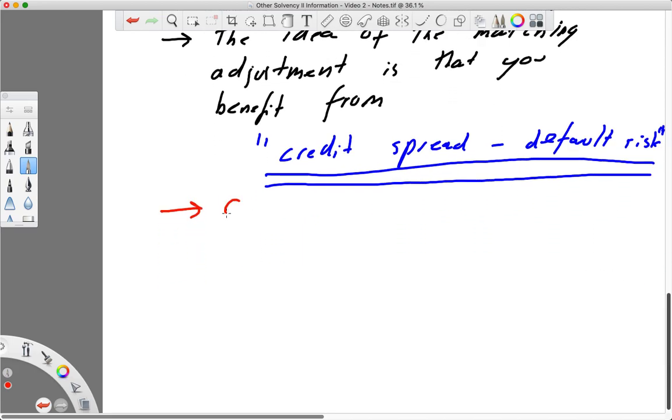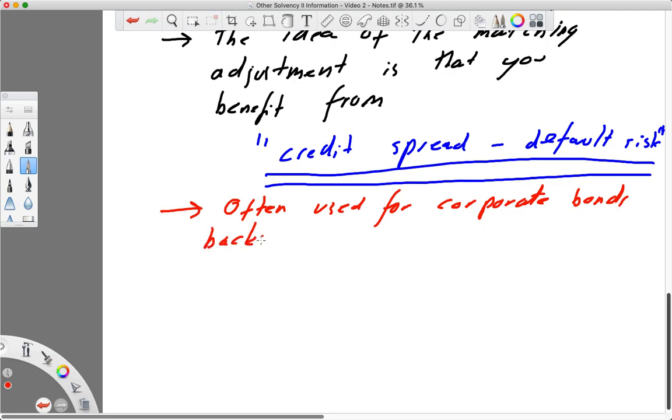And it is often used for corporate bonds backing annuity liabilities.